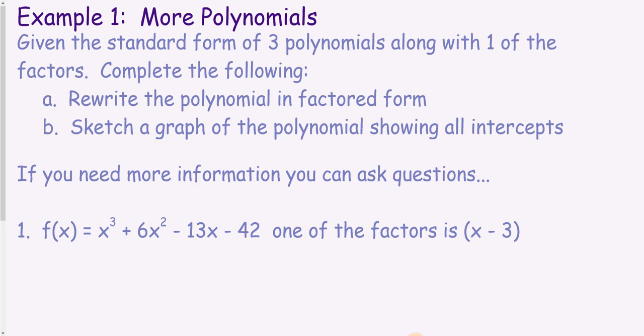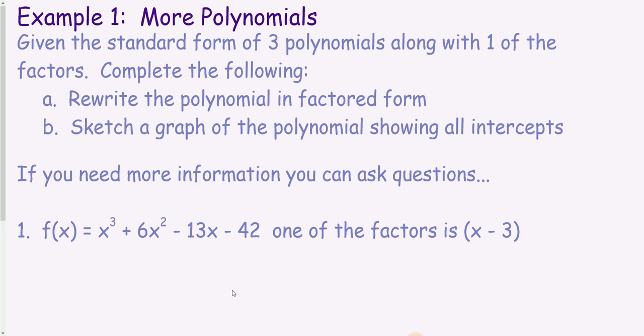Later on, a few lessons down the road, we're going to look at methods to determine what the first factor is. But for right now, we need one of the factors to get the process started.